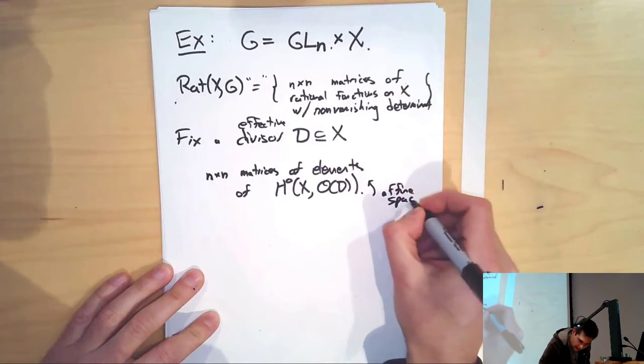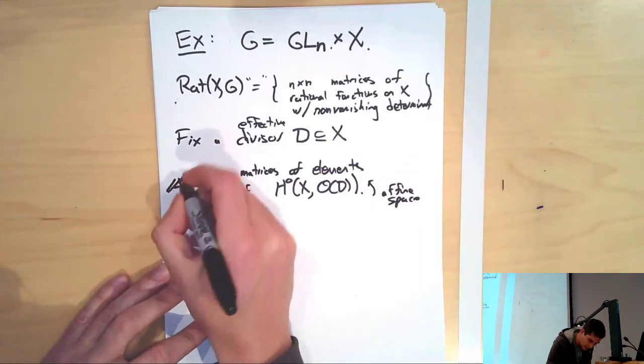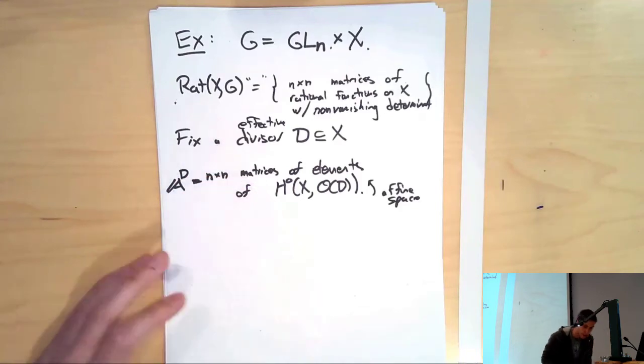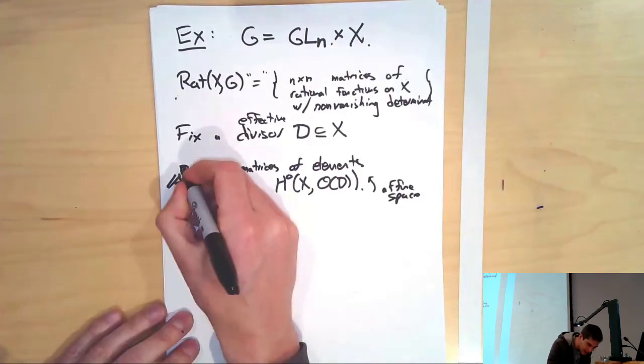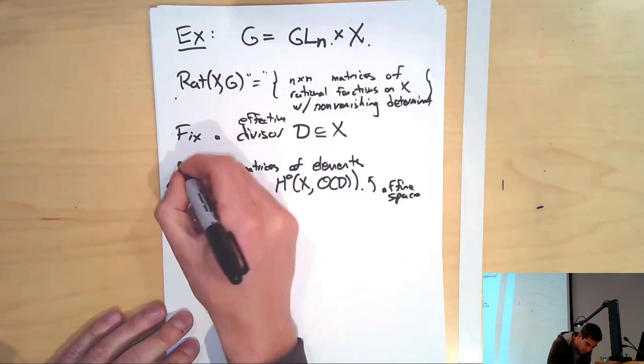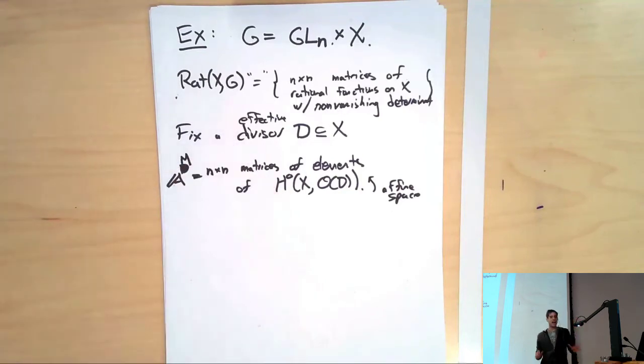Let me call it A sub M, capital M, since capital D is taken. It's an affine space of some dimension that, if D is a sufficiently large divisor, you could write down using the Riemann-Roch theorem.